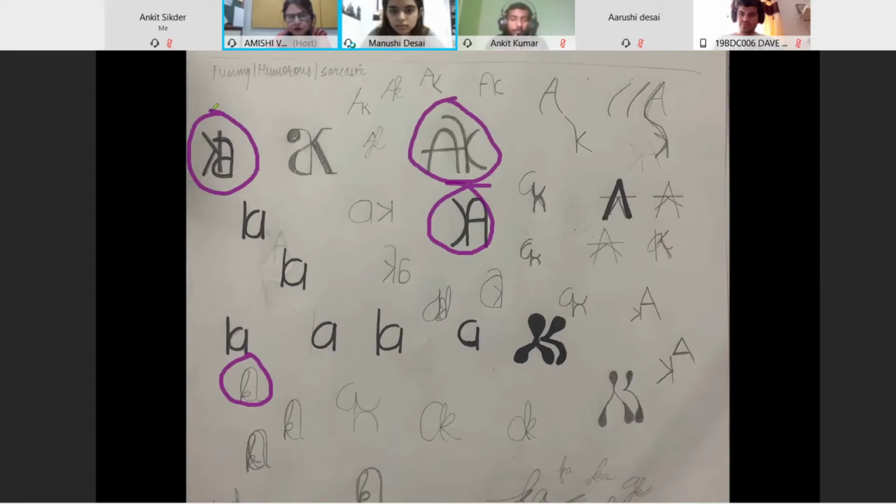I have done this to show some sarcasm. So I have written the inverted K, the mirror image of K. But is the K being read as K? No. Maybe, yeah, I can work on that.